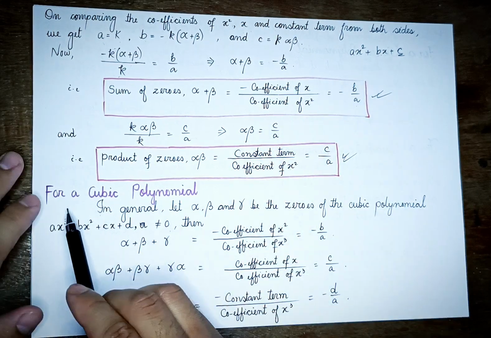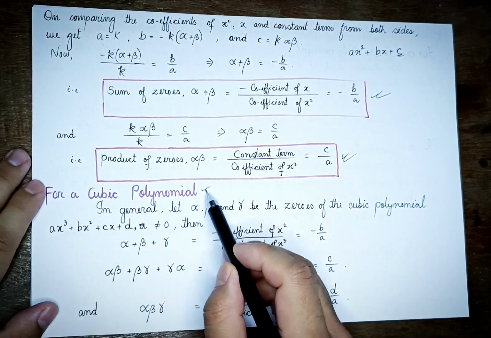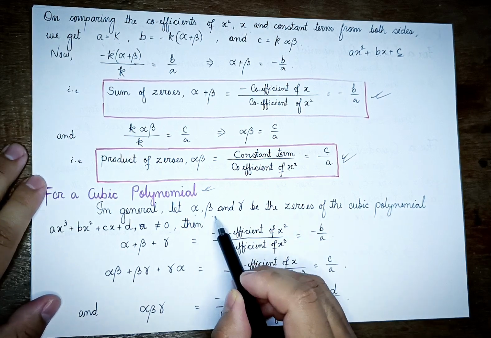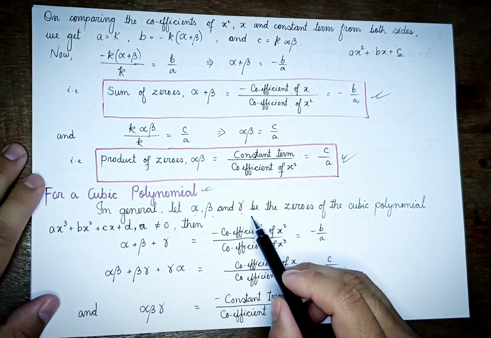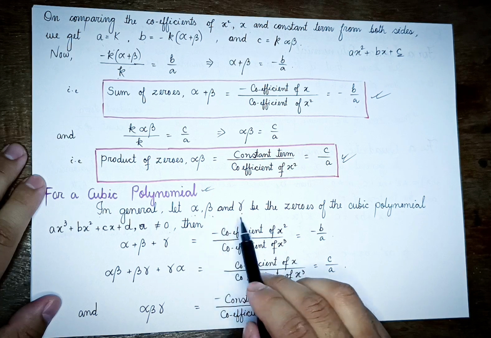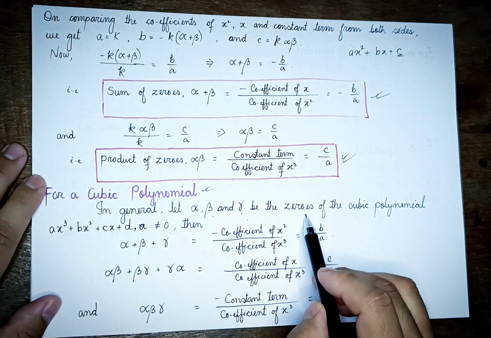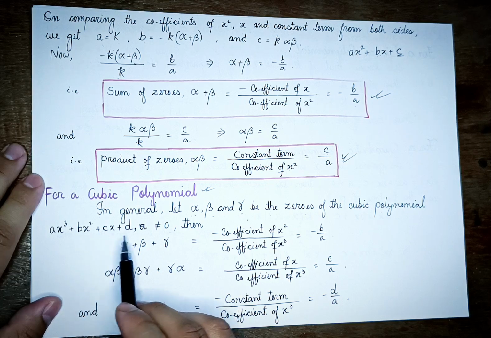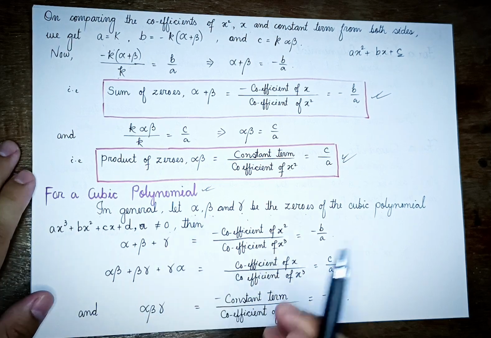Next is the cubic polynomial. For a cubic polynomial, there will be three zeros, that is alpha, beta and gamma. Let alpha, beta, gamma be the zeros of the cubic polynomial ax³ + bx² + cx + d, where a must not be equal to 0.